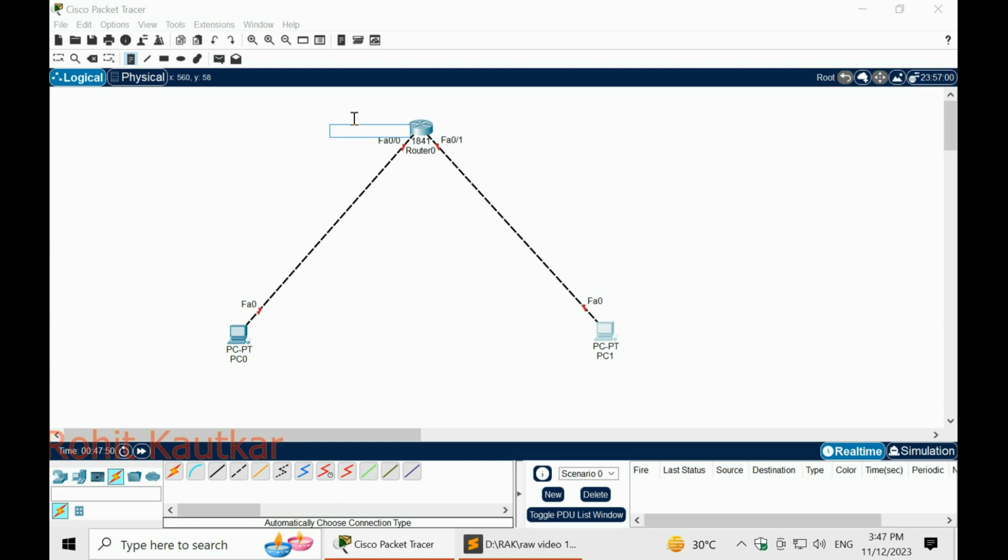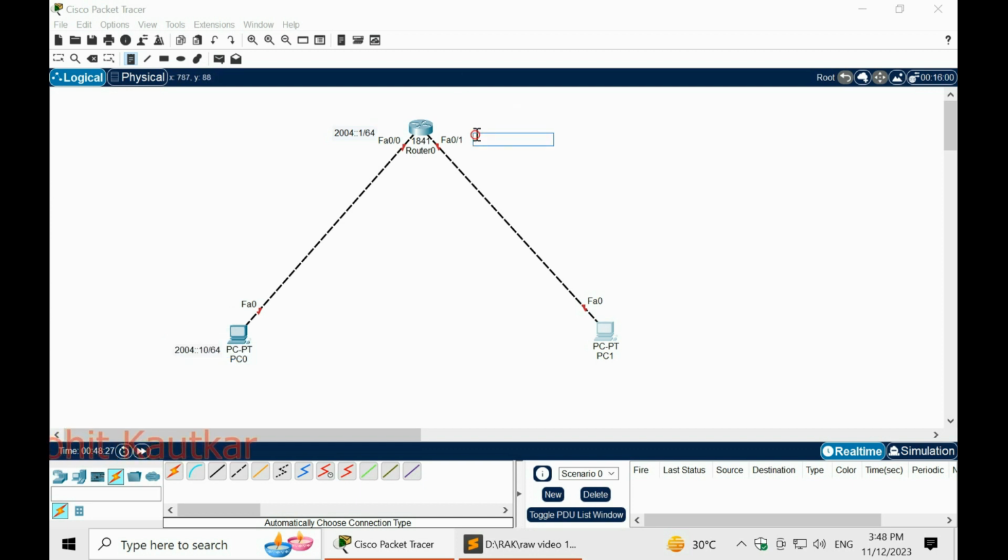Let's say here we will have IP 2004::1/64. Now I will copy this. Here I will have IP address 2004::10/64.